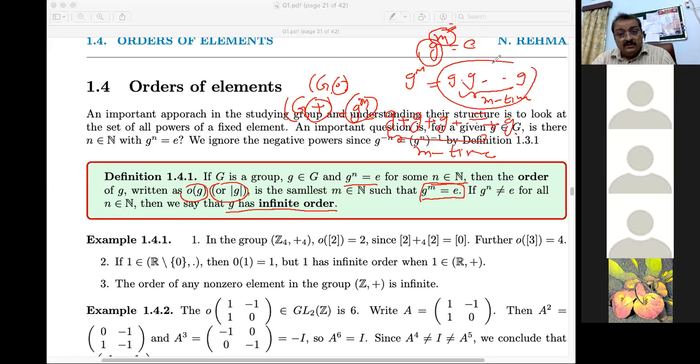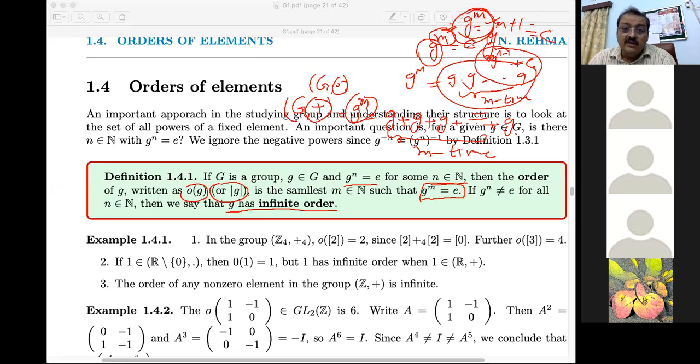That means g to the power m minus 1 is not equal to identity, but maybe g to the power m plus 1 is also identity. That is possible, but we just have to take the smallest positive integer, which is g to the power m. So g to the power m minus 1 is not identity, g to the power m is identity, and g to the power m plus 2, 3, 4 are all identities. The smallest is g to the power m.